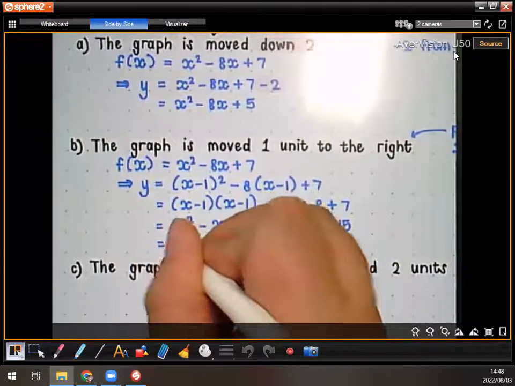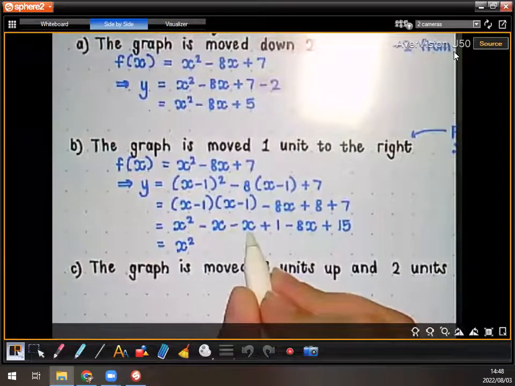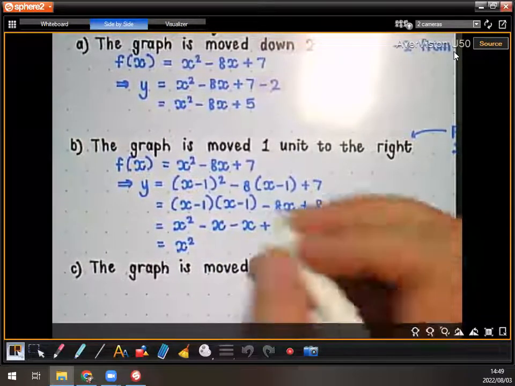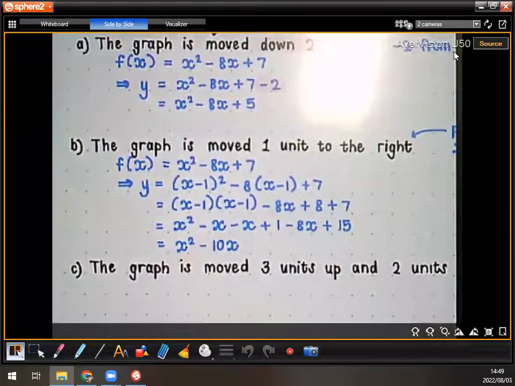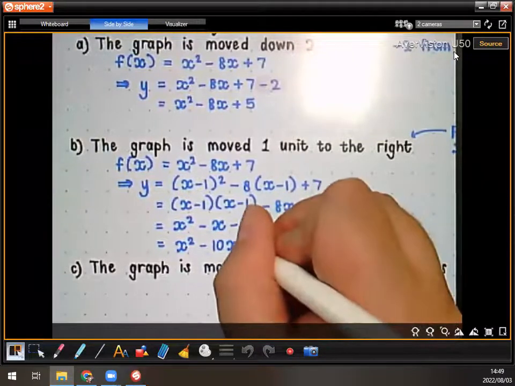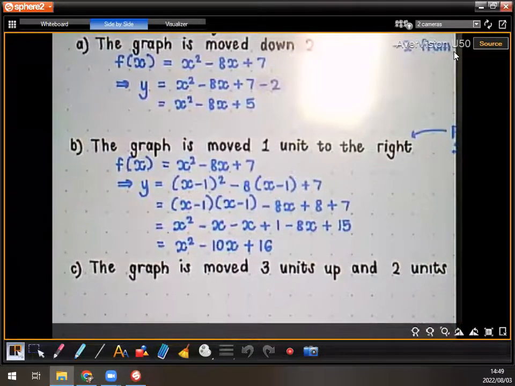And then we need to simplify the whole thing. So we have a negative x minus x, that's negative 2x. And then minus another 8x, that's negative 10x, right? And then 1 plus 15 is 16. Okay, so that's the final answer.